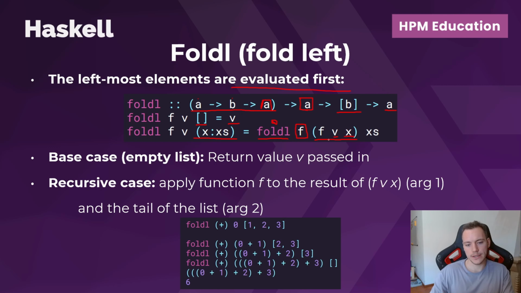So we only applied f to 1 argument and the recursively processed tail. Instead, here we apply f to 2 arguments, so we can get a value from this expression right away. So this is like a bonus, or a plus for foldl, that we can get a value from this expression.